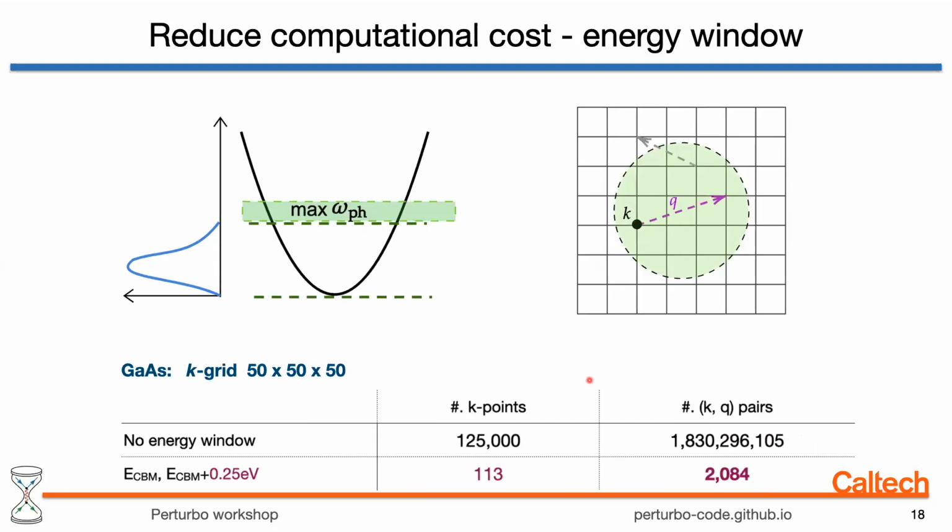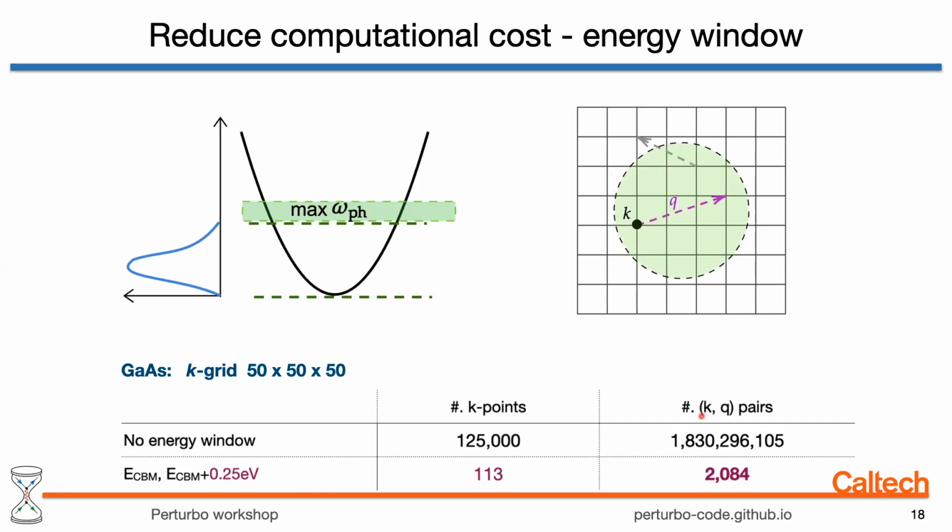Now, once we want to calculate for the K-cube pairs, in the case of the scattering rate, this is an even more drastic reduction of points. In this case, of course, we need to enlarge the energy window a little bit because we now have the energies of the phonons in addition. So as you can see, our green circle becomes a little bit bigger because we allow for the momentum with phonons to scatter us a little bit outside of our energy window.